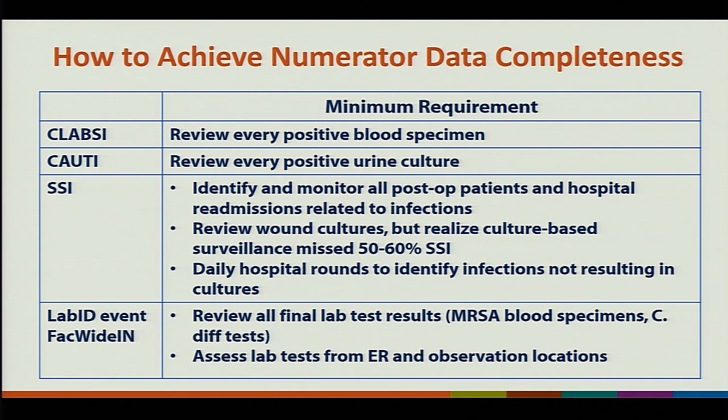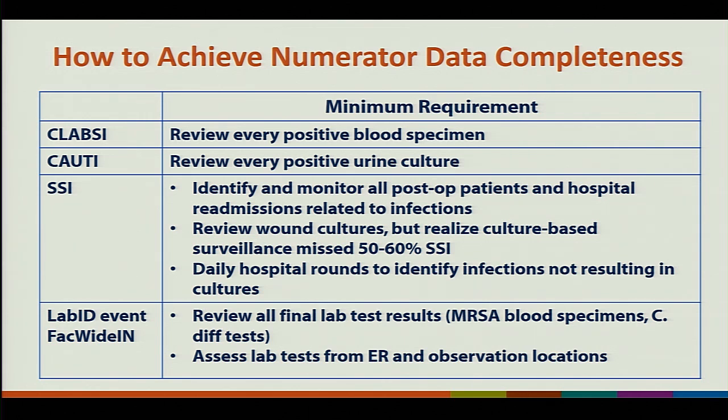So what can you do at a minimum at your facility to ensure that your data are complete? Some examples for completeness of numerator review or event review. For CLABSI and CAUTI, you want to review every positive blood specimen and every urine culture as candidate events to rule out the possibility of missing a case. For potential SSIs, you want to identify and review all post-op patients and hospital readmissions.